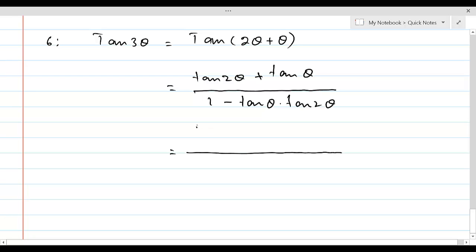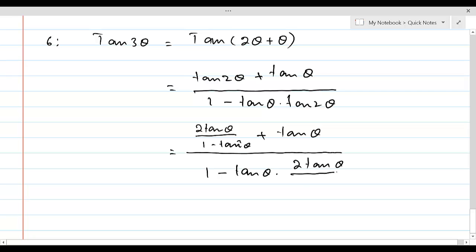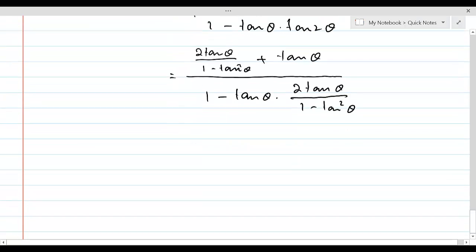Here this is 2 tan theta over 1 minus tan square theta plus tan theta over 1 minus tan theta into 2 tan theta over 1 minus tan square theta.